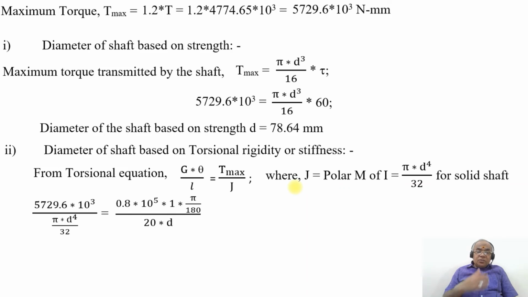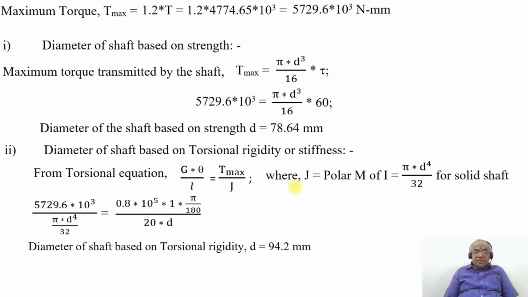That will be equal to G, which is 0.8 into 10 to the power of 5, into theta, which is 1 degree, that is 1 into pi by 180, divided by 20 times D, which is the length. On cross multiplication and simplification, the diameter of the shaft based on the torsional rigidity, D, is 94.2 mm.